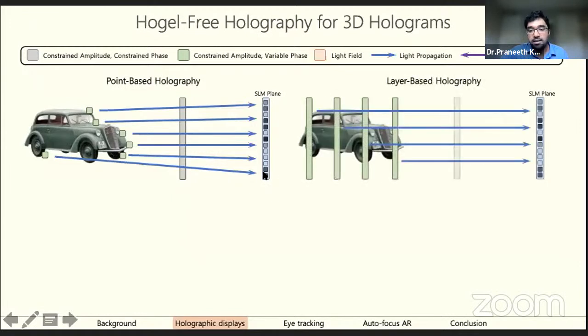On the other hand, you can slice this 3D object into several planes and propagate this light wave onto the SLM, and this might create some amount of continuous focus, but you'll obviously lose the information that is between these slices of a 3D object.